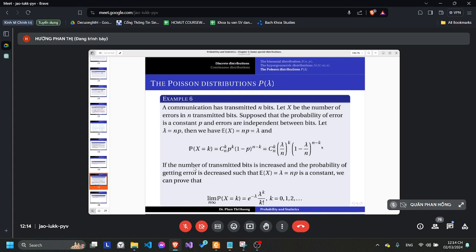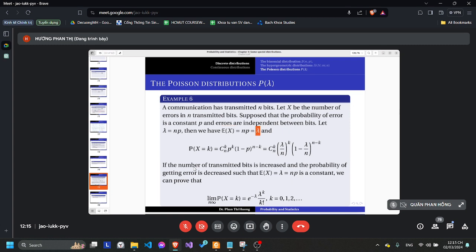So in reality, we will transmit a large number n. It means that mathematically, we are considering n approaching infinity. n is larger and larger. Moreover, it's also meaningful to consider the average number of errors as always the constant lambda.